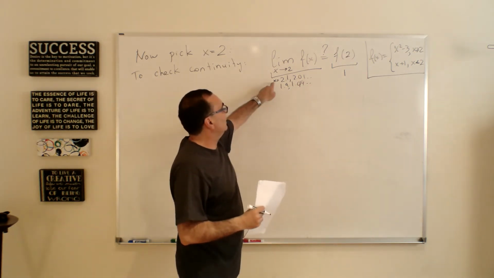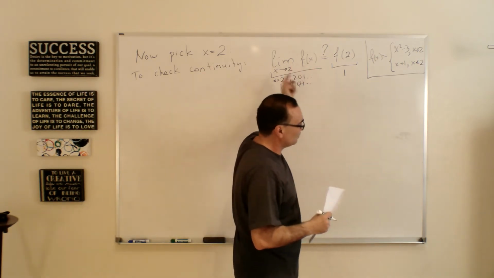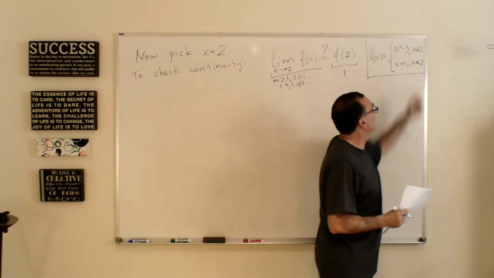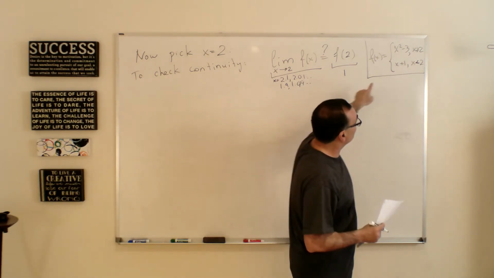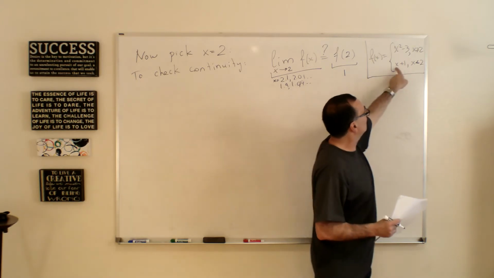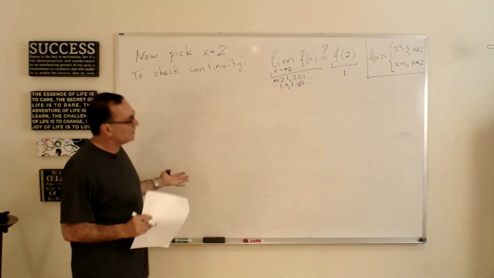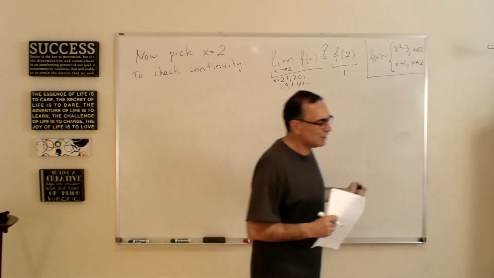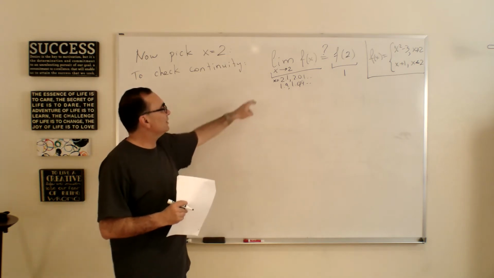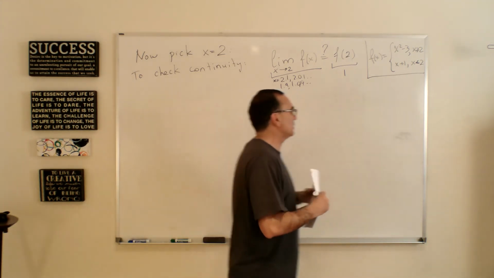When we plug in x equals 2.1 and 2.01 into the function in order to calculate function values, we will use the top formula. But when we plug in 1.9 and 1.99, because they're smaller than 2, we will be using the bottom formula. And unfortunately, it's not the same formula used all the time, and so we cannot use the same reasoning like before, saying that the function is expressed with a single formula, therefore it must be continuous.